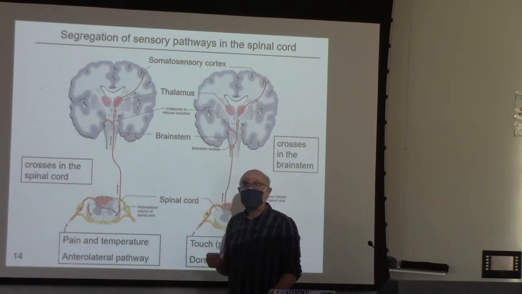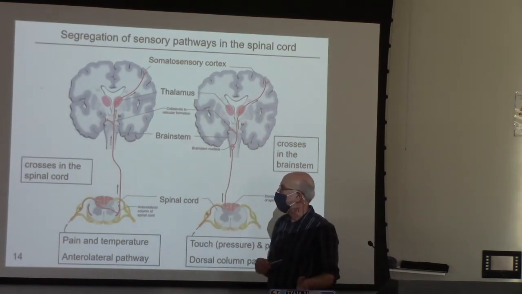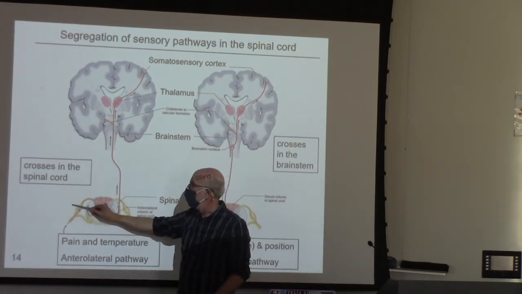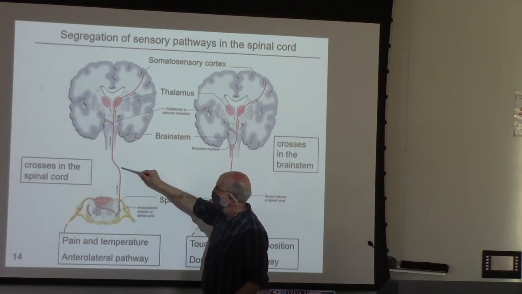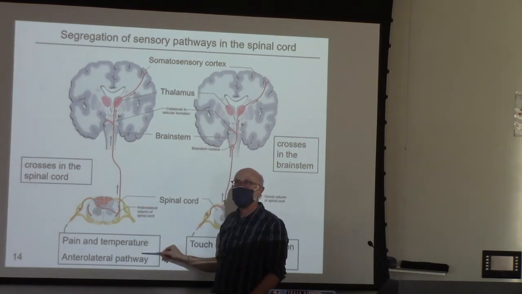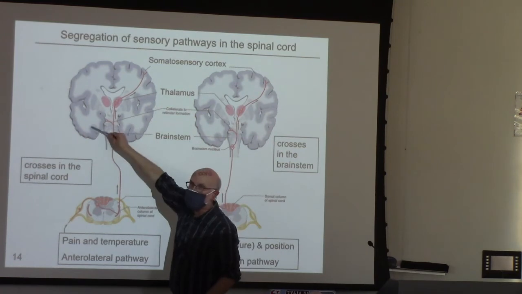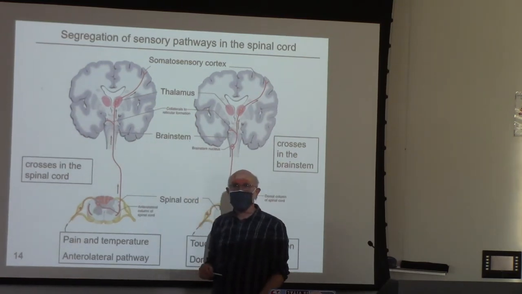So we have to talk about ipsilateral and contralateral now. Pain on the right side goes up the left anterolateral column. Pain on the left side goes up the right anterolateral column.